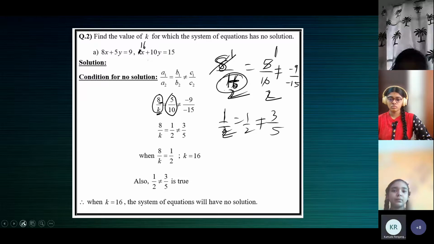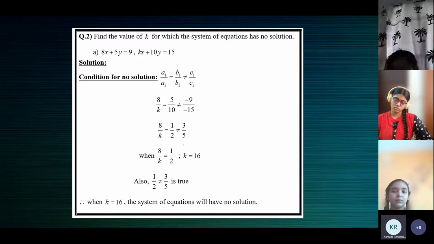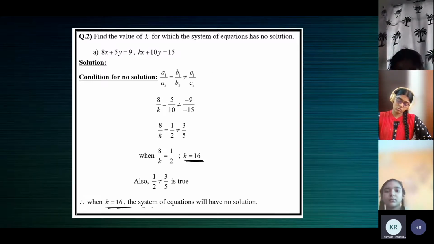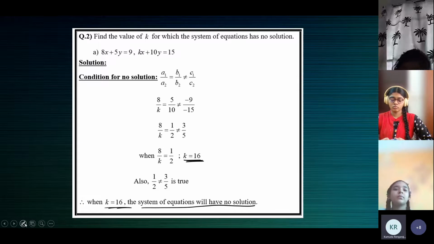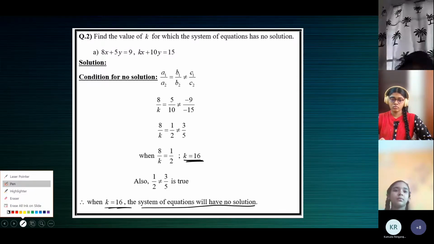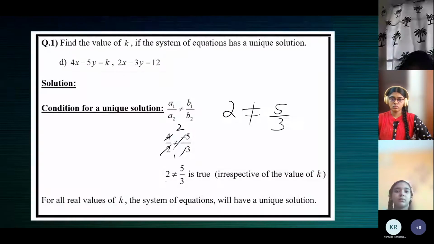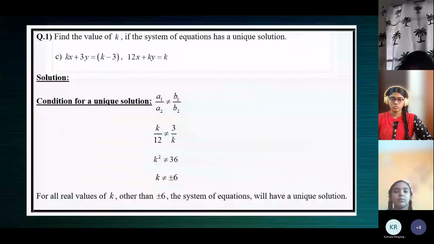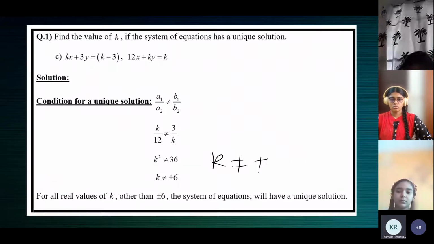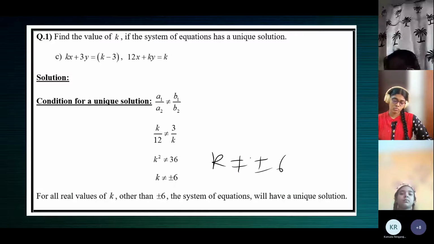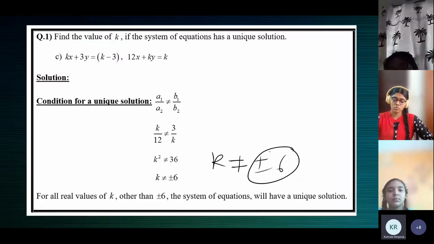So when k is equal to 16, the system of equations will have no solution. Only for unique solution, you can have many values. See, for unique solution, here you're getting k not equal to plus or minus 6. That means k should not be these two values.